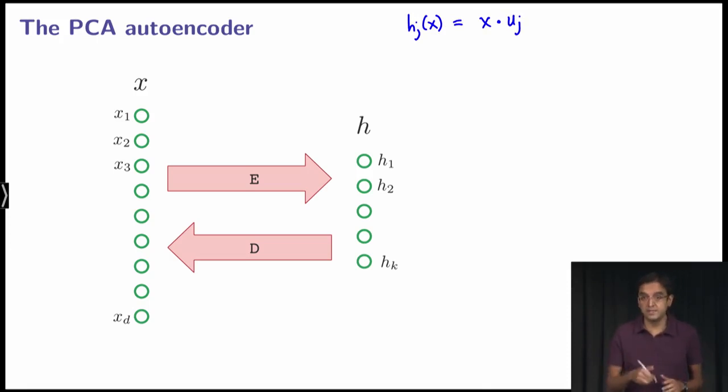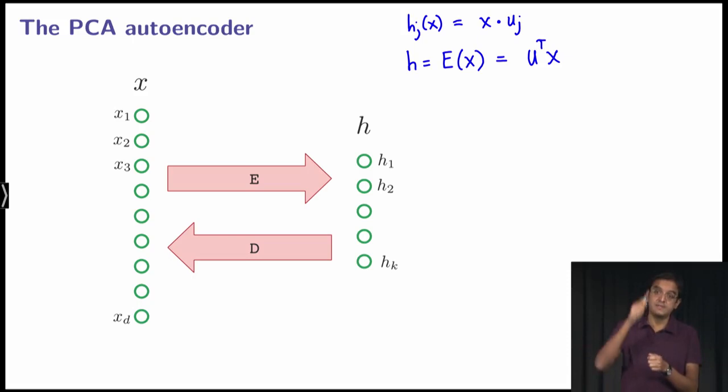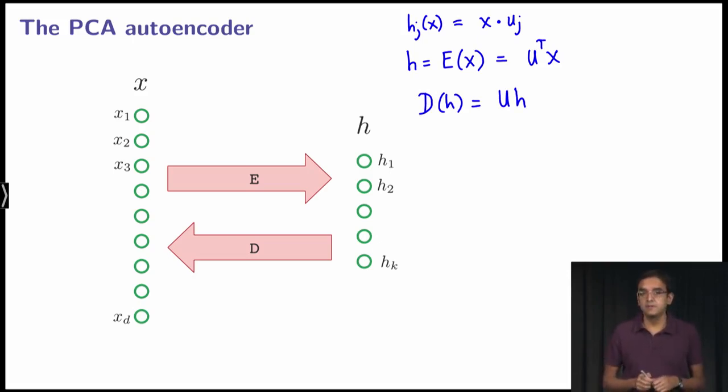Okay, and if we want to write this in vector form, then h, which is the embedding of x, is simply U transpose x. Now, if we have a k-dimensional vector in this latent space, and we want to send it back up to the original space, we also saw how to do that. That decoding operation sends h to the matrix U times h. Okay, so this is clearly an autoencoder.